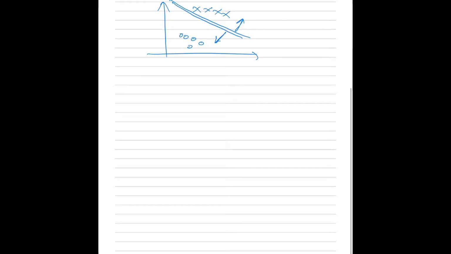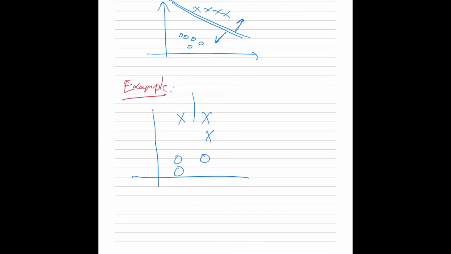Now if we take an example for this algorithm, let's say I have 3 data points, 3 crosses and 3 circles. So initially my w vector will be 0.